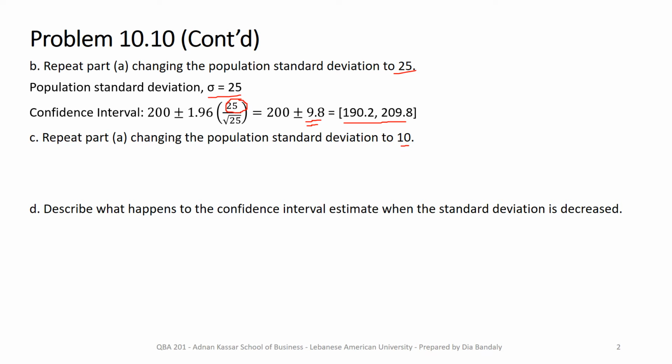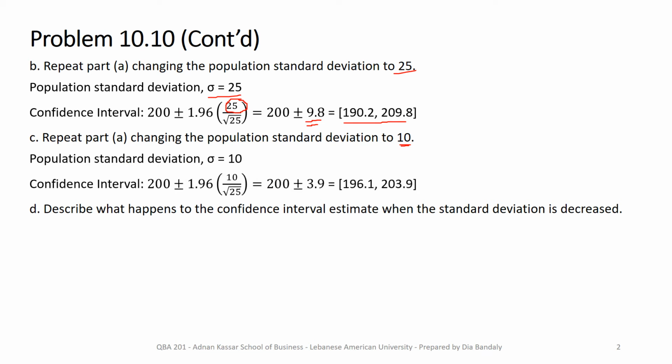All right, now what happens when sigma is 10? Again, the change is very minimal because it will change only that part in the confidence interval calculation. Here we go. So you can see that now this is 10, while on the top it was 25. And you notice now what's happening to the confidence interval.